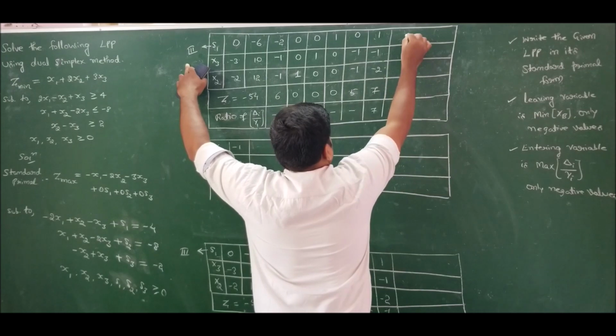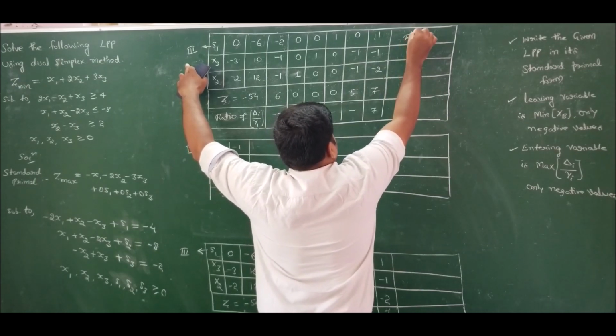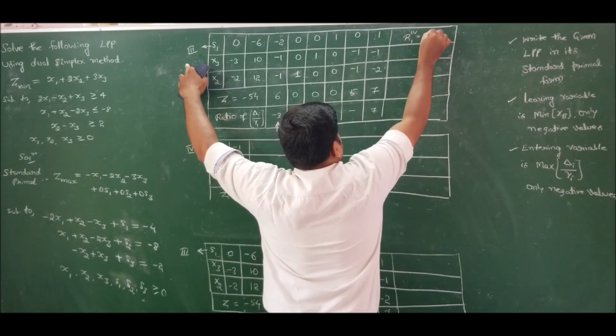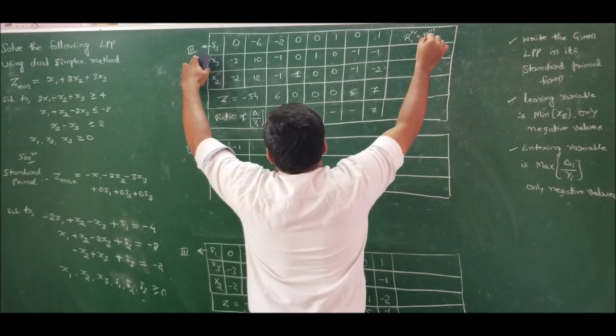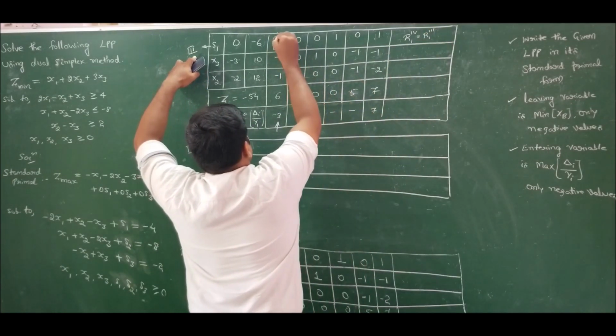So this is the key row. R1 of step 4 is equal to R1 of step 3 divided by -2, the key element.